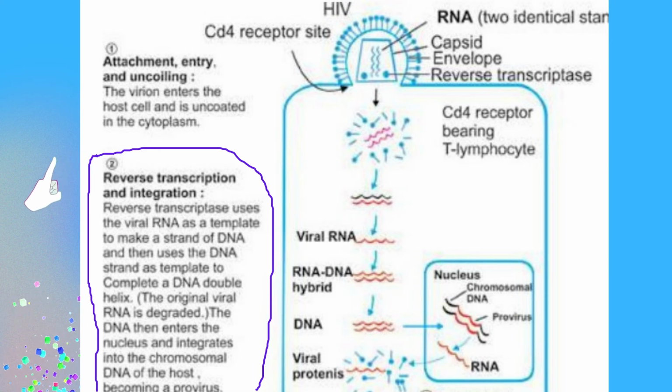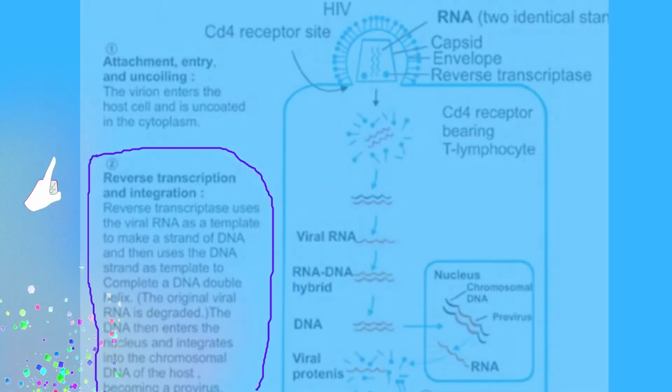The original viral RNA is degraded, destroyed. The DNA then enters the nucleus and integrates into the chromosomal DNA of the host, and here it starts its cycle and orders the DNA or genome of the host to make copies or parts of HIV.